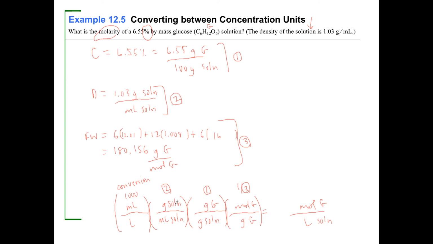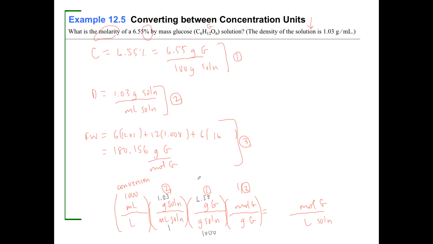It's 1,000 times grams per mil, and the grams per mil is 1.03 per 1, and it's grams per gram, and those are right here. So it looks like there's 6.55 grams per 100 grams of solution, right?